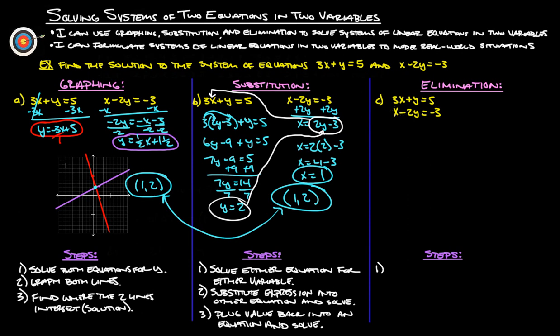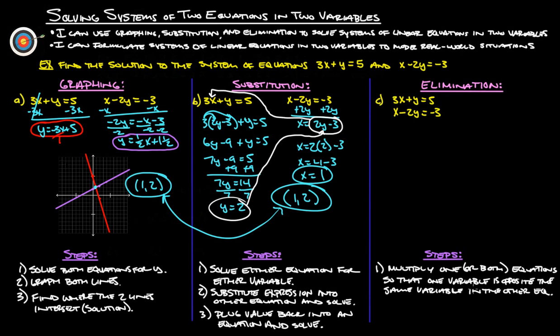Or another way to say that is that either of the variables are opposites of each other. I know that sounds kind of confusing, but basically what we want to do is multiply one or the other of these equations so that we get opposites for one of the variables.